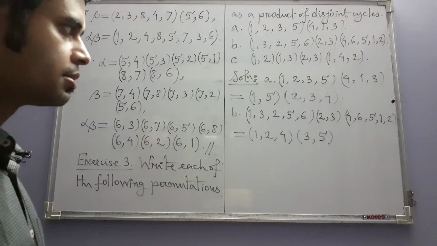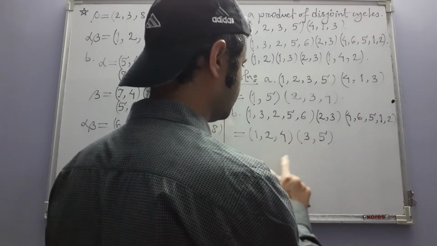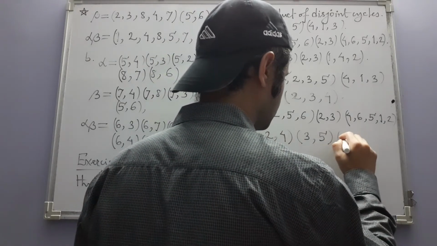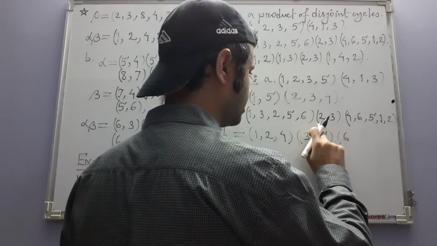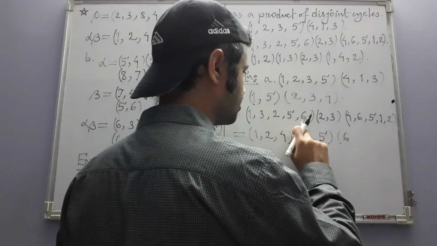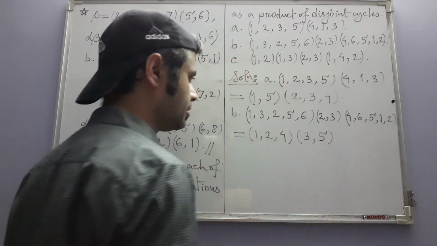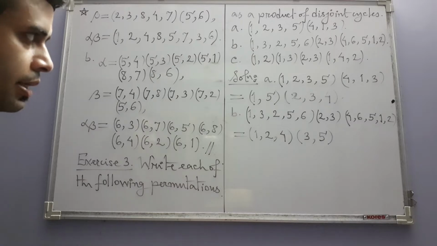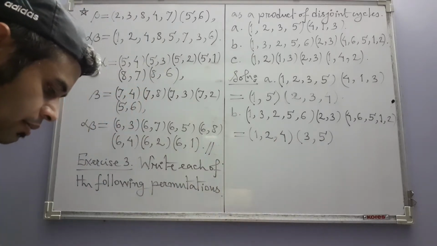So we have this, and then 1, 2, 3, 4, 5, we have 6 also. 6 goes to 5, 5 is unchanged, 5 goes to 6. So 6 is not changed by this entire permutation. So this is the product of disjoint cycles. One of them is a transposition again, and another one is a 3 cycle.